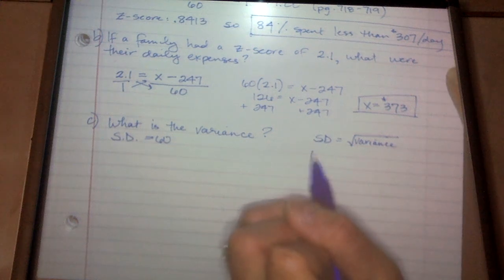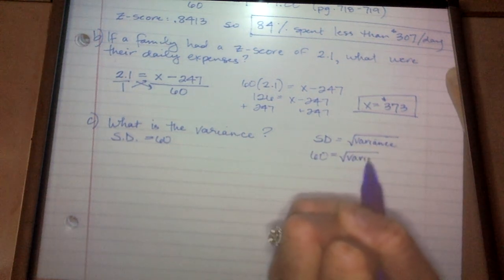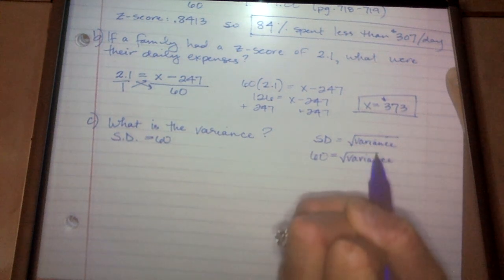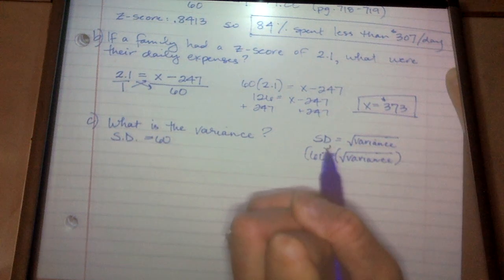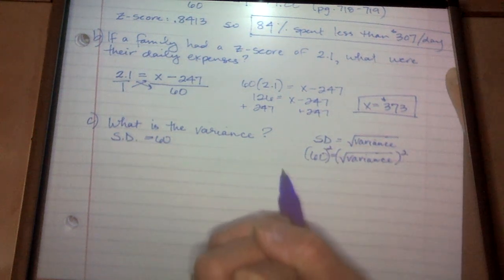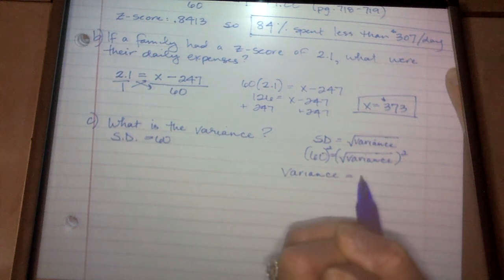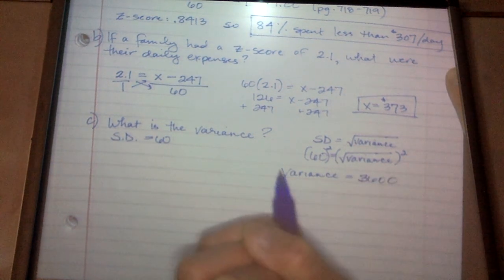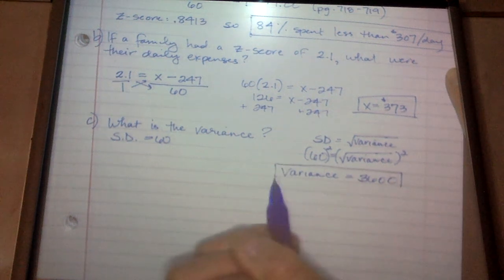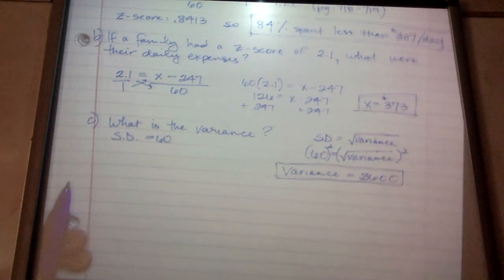So if I know that 60 equals the square root of my variance, then I've got to work backwards. And so to work backwards, I would square both sides, and variance would equal 60 squared, and 60 squared is 3,600. So how you work backwards, you simply square it.